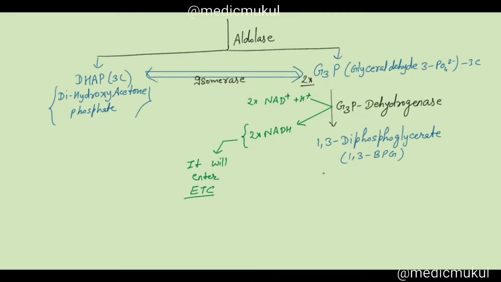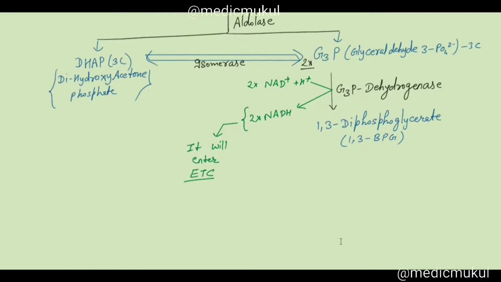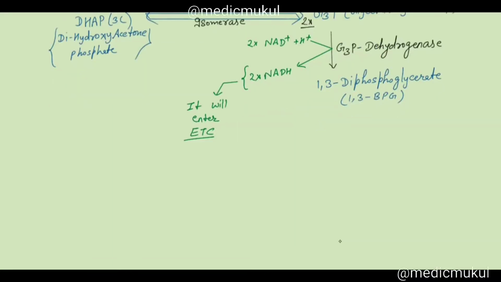Okay, now this 1 3 BPG will convert into 3-phosphoglycerate.